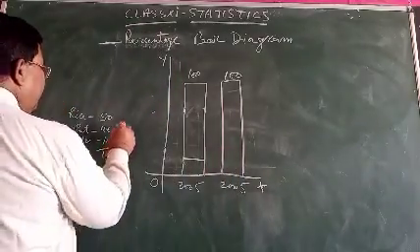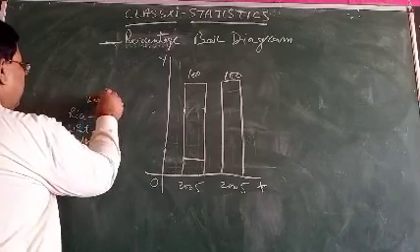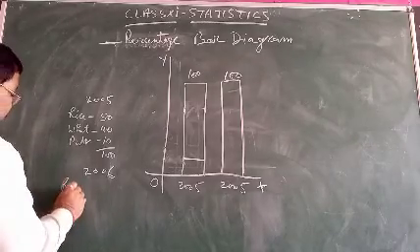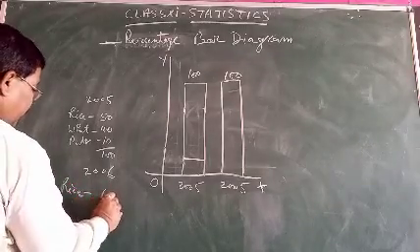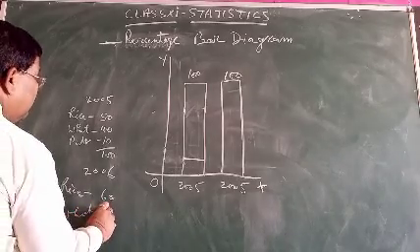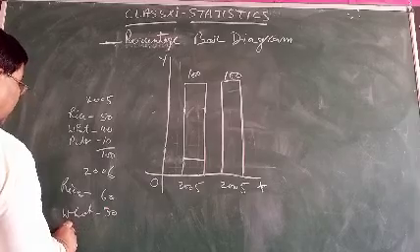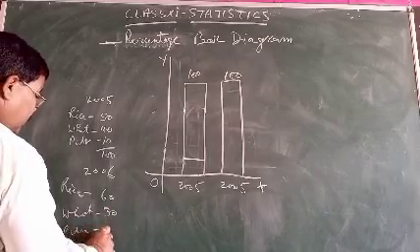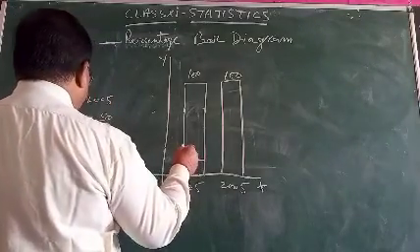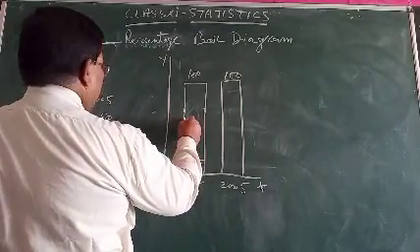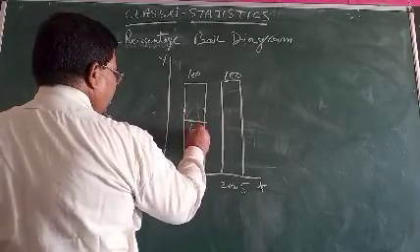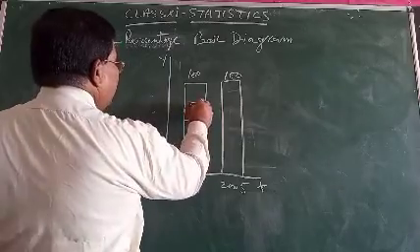This is the production of 2005, this is the production of 2006. Rice is 60% and wheat is 30% and pulse is 10%, total 100%. 10, then 40 and 50. This is the 40%, this is the 10%, this is the 50%.